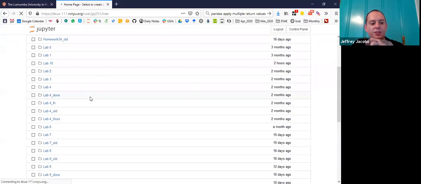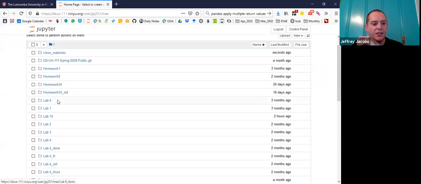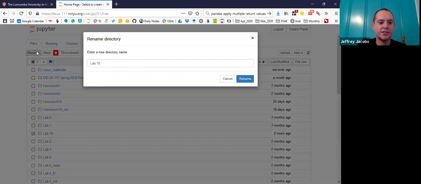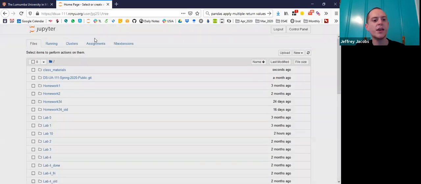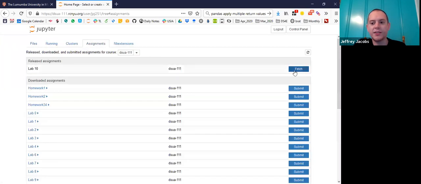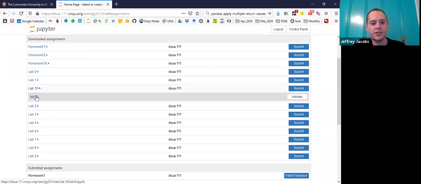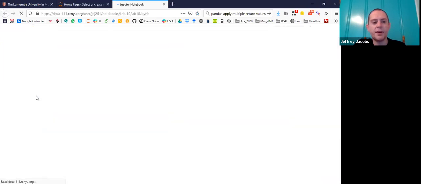Cool. I have to change this real quick because I already did a practice run. But on your end, you'll go right to the assignments tab, click fetch for lab 10, and then you can just open it right from that panel.